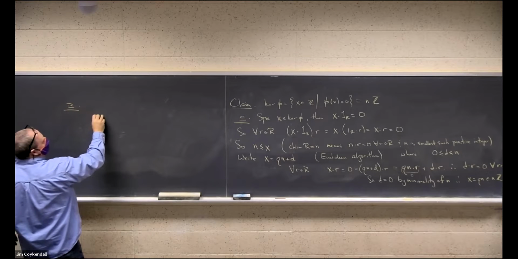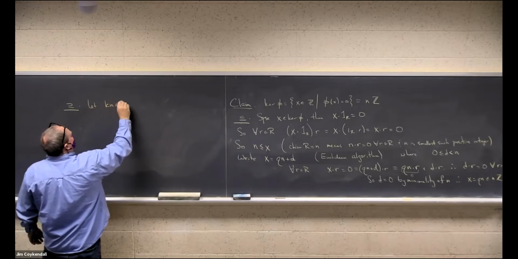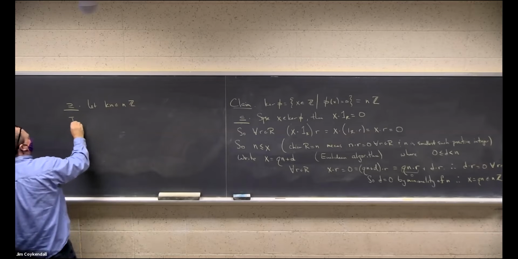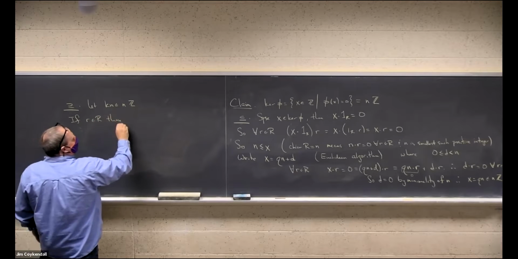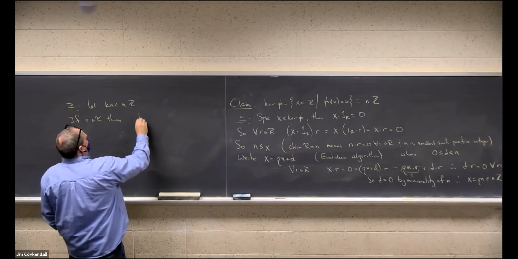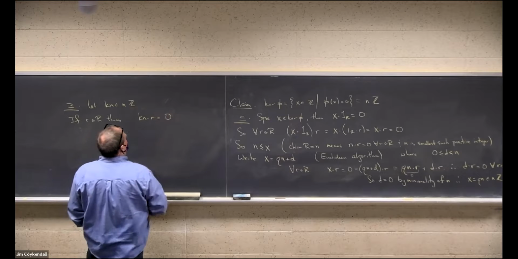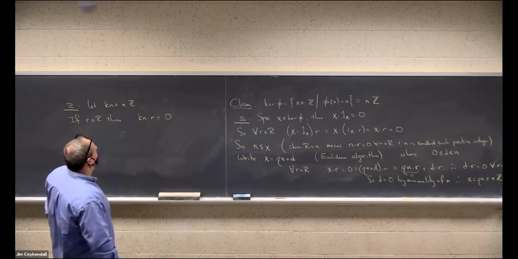This direction, let kn be in nZ, and note that kn times r is in the kernel, because n times r is automatically 0.